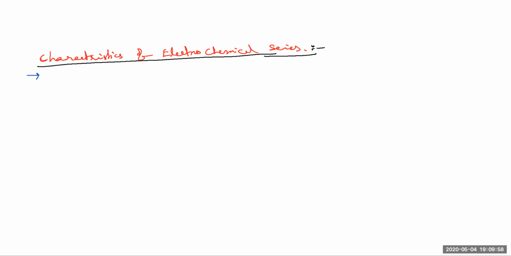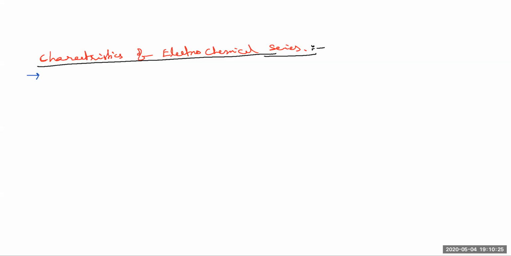So which is the strong oxidizing agent in this series? Fluorine. Which is the strong reducing agent? Lithium, sir. Very good.